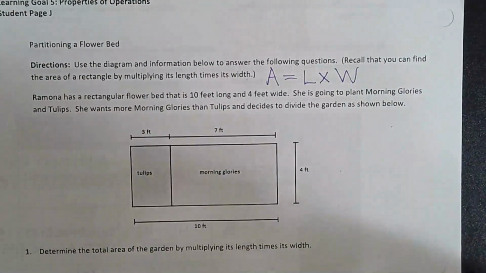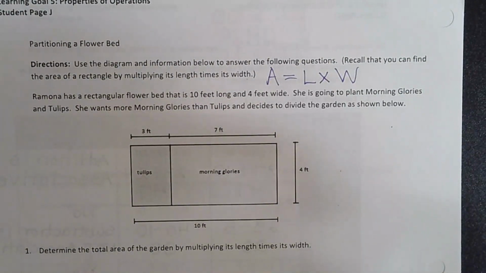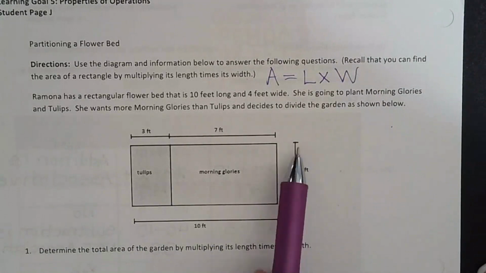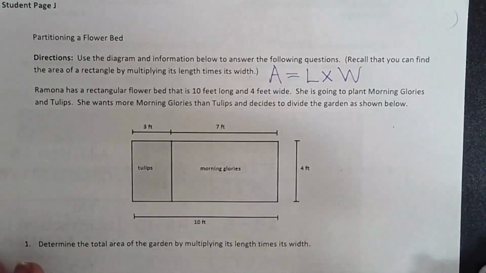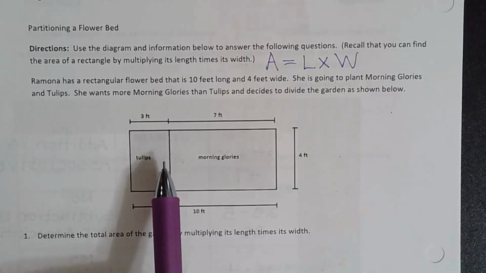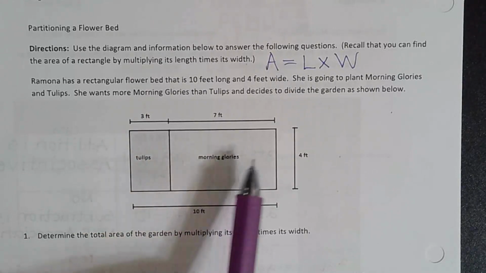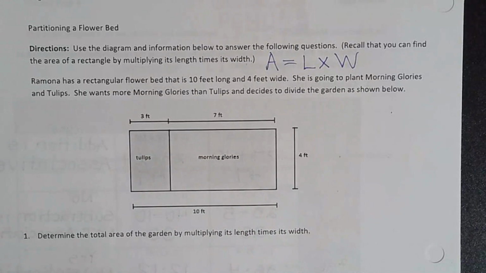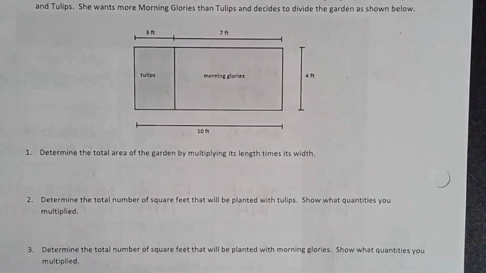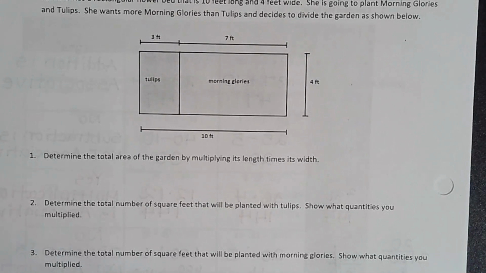So this is Ramona's flower bed. It has a total length of 10 feet and a total width of 4 feet. She is going to plant morning glories and tulips. So here's the tulips and here are the morning glories. So determine the total area of the garden by multiplying its length times its width.